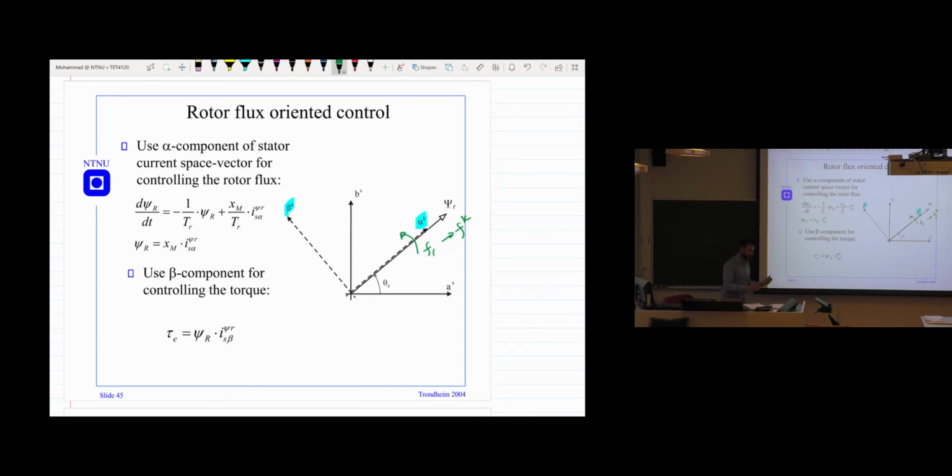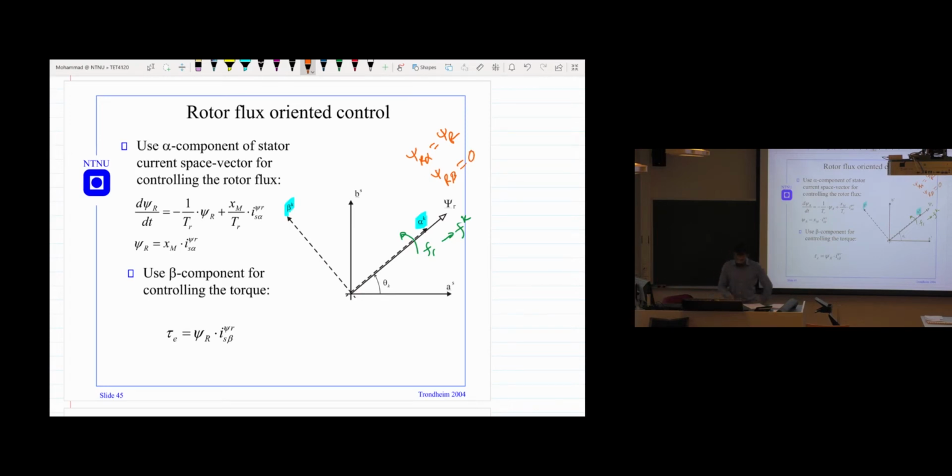Then we present the model considering the stator current as a state vector, and also rotor flux as a state vector. And you see that it's a rotor flux oriented control. This means we have rotor flux only in the alpha axis. So ψ_R alpha is the total ψ_R, and then the beta component ψ_R beta, which we see was 0.